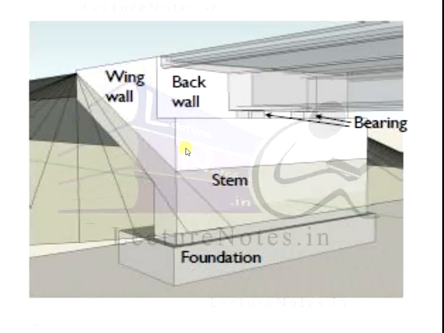Here we can see the components of the abutment clearly. First is the foundation, then the stem, next the bearing, the back wall, and the last one is the wing wall. This is the roadway or railway. These are all the components of the abutment.